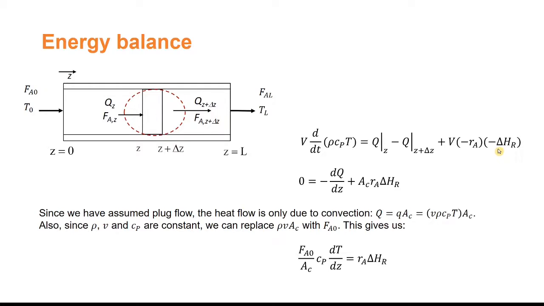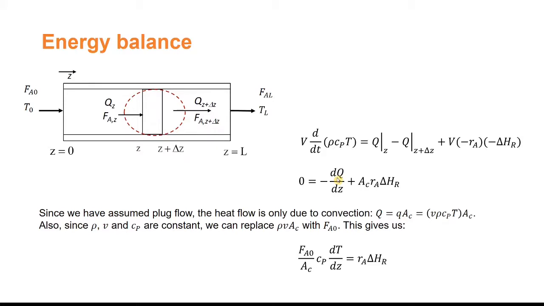That's why we have a negative sign here. Again, we just want this whole term to be positive because it is an exothermic reaction. The sign and the units could be confusing, so always check them out.